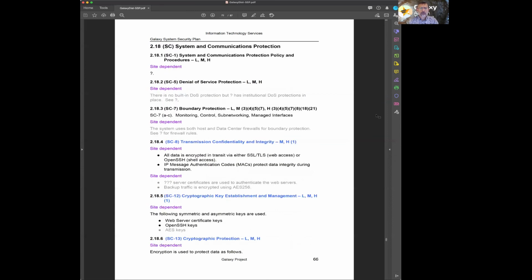This is more sort of typical technical controls that you think of. Firewalls, again, these are all local controls. Transmission, confidentiality, integrity.